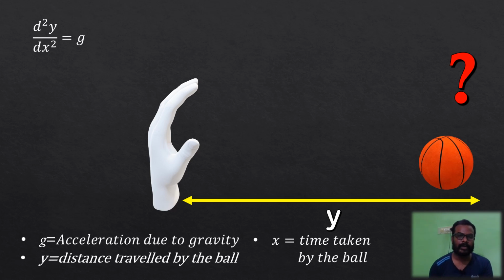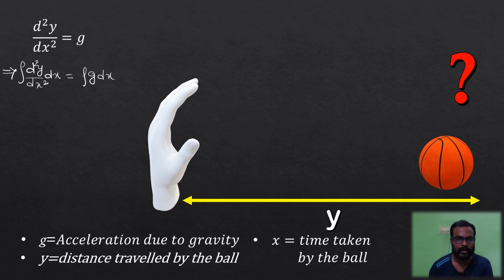How to solve this? I have to remove derivatives from this equation. The opposite of differentiation is integration, so let us apply integration. The integral of d square y by dx square with respect to x is equal to the integral of g dx.